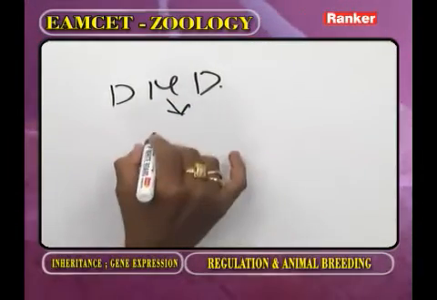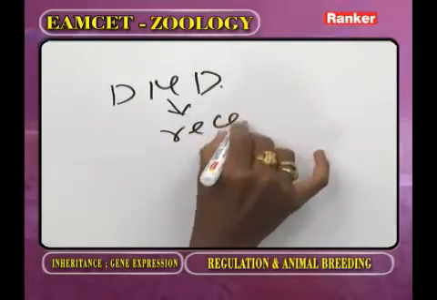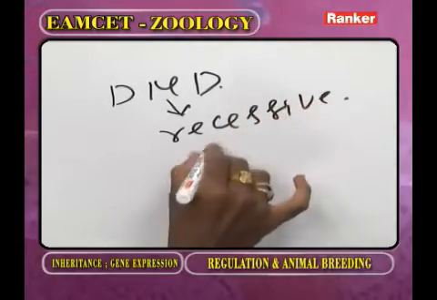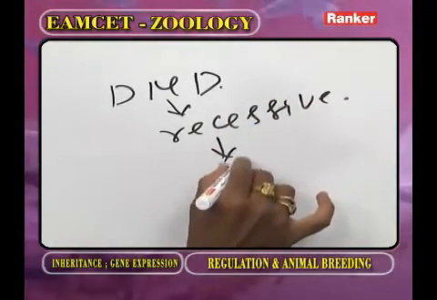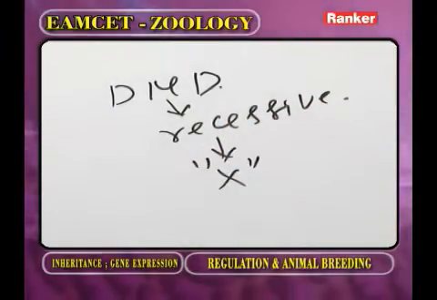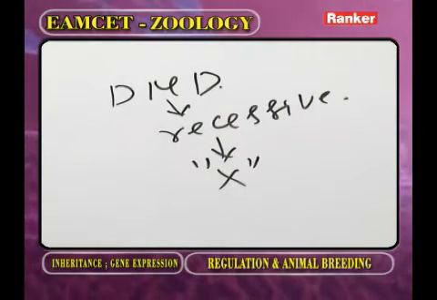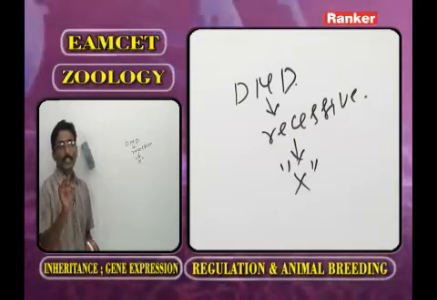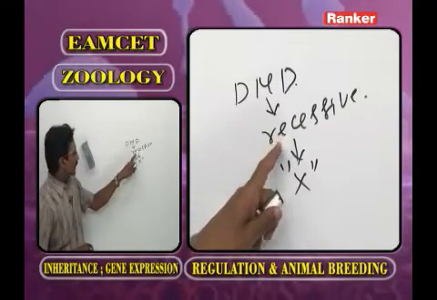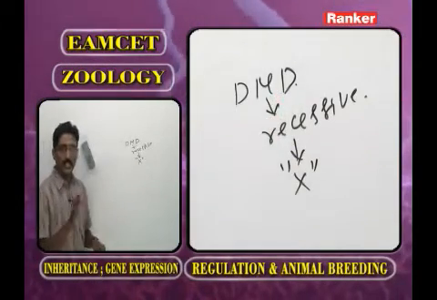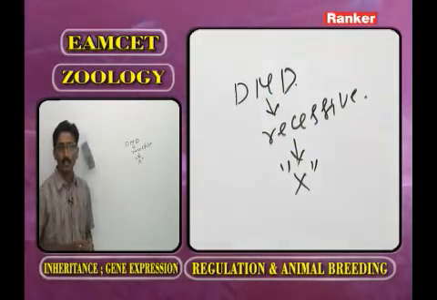The gene responsible for this disease is recessive. It is present on X chromosome. It is a genetic disorder. The gene for this disease is recessive, present on X chromosome.